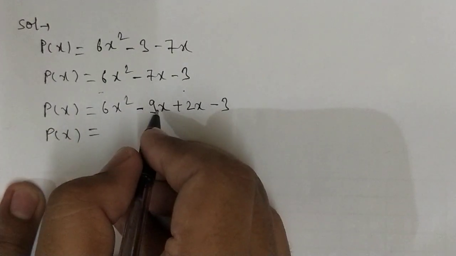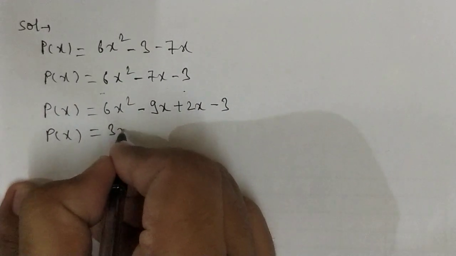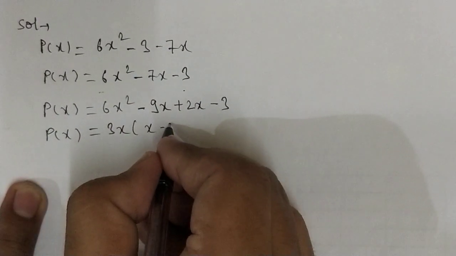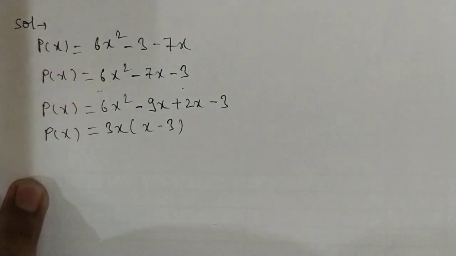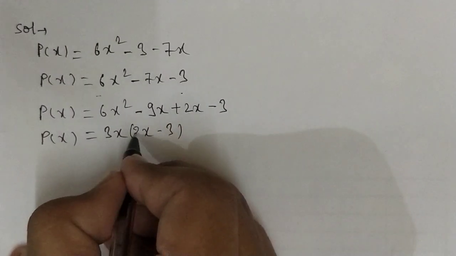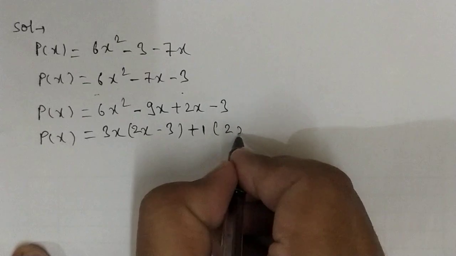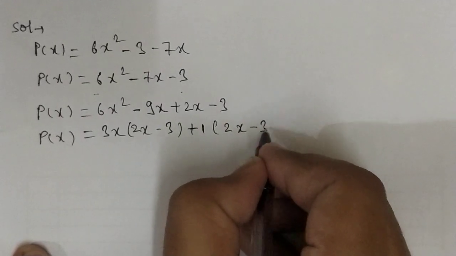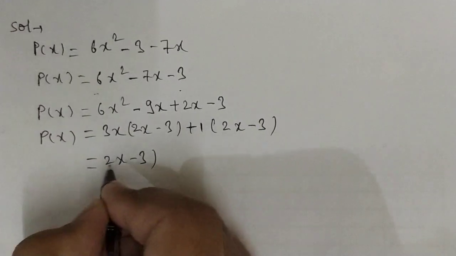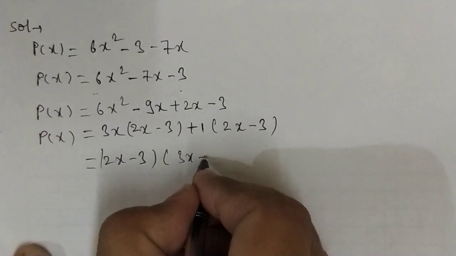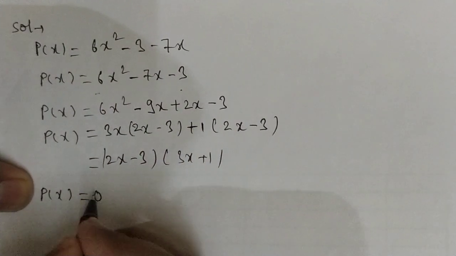What can I take common here? I can take 3x common. So 2x minus 3 will be remaining here. And here I will take 1 common, so 2x minus 3. Now from the whole I am taking 2x minus 3 as common. What is remaining? 3x plus 1. Now to get the zeros you put p of x equal to 0.